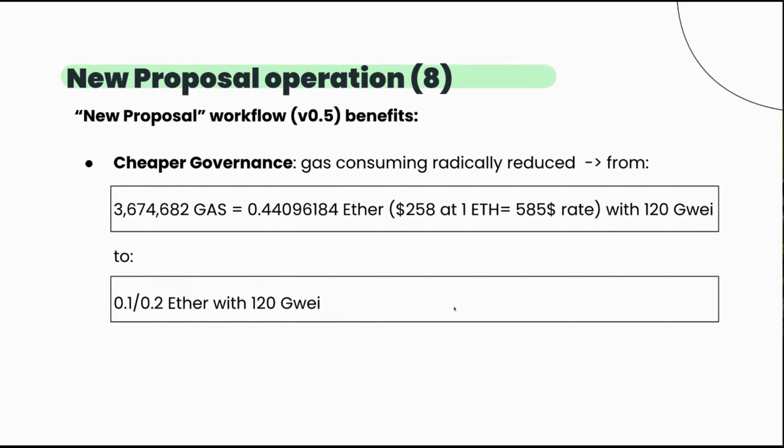With 1 ETH at approximately $1,000, we can see that to create a new proposal, we had to spend a lot of money. But in the 0.5 we have to spend only from 0.1 to 0.2 Ether at 120 Gwei, so it is radically reduced.